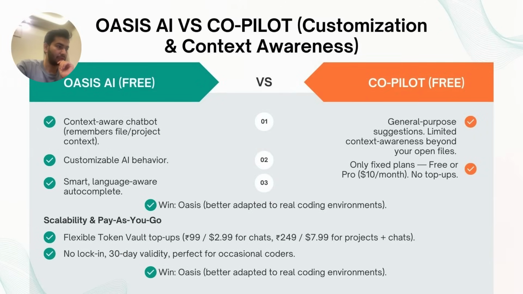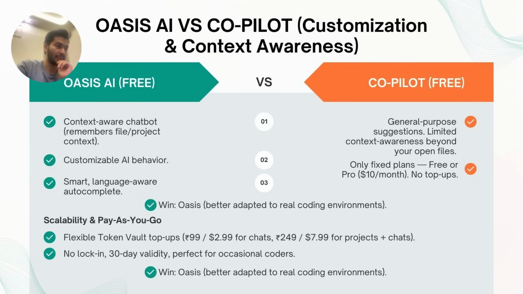Now if we go further, the context-aware chatbot for Oasis that we have seen is better than Copilot. With Copilot, we need to give the context awareness with that particular file, but with Oasis, it can automatically detect the issues and the file which is having the issue.